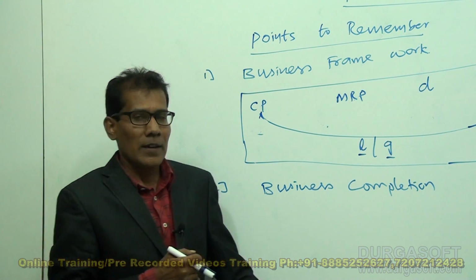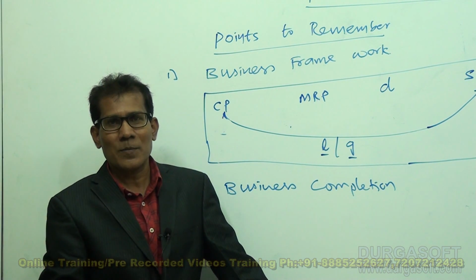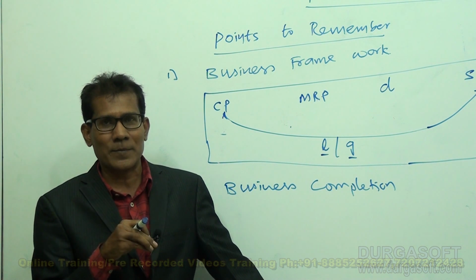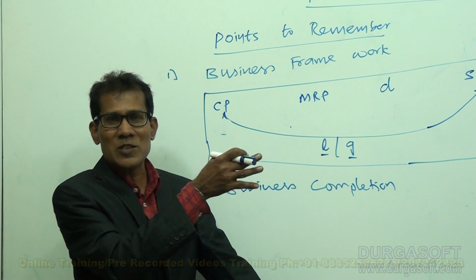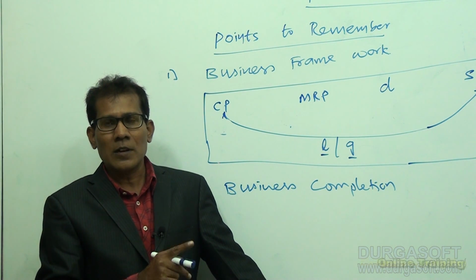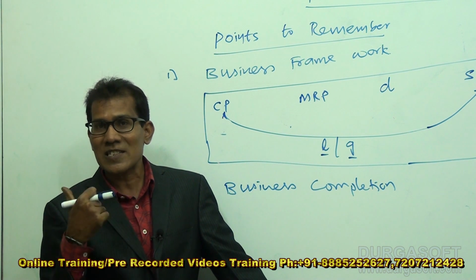For example, I bought 10 books and I sold 8 books, business is not completed. Whatever the number of items I am buying, the same number of items must be sold, then we say business completion. Every question on profit and loss is designed on the base of this concept only.